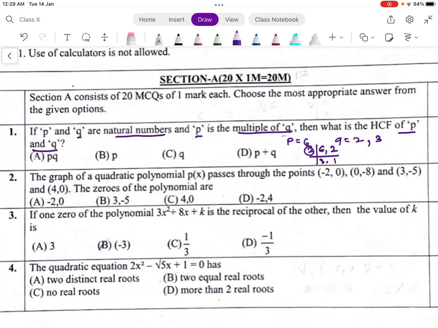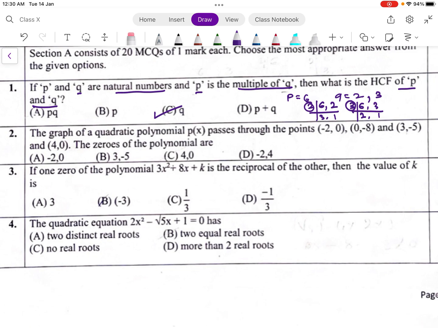So again, if you take 6 and 3 and try to find the HCF, it is 3. So in both the cases, whatever Q value we are going to choose, the same value is coming as HCF of P and Q. So therefore the correct option here is Q.